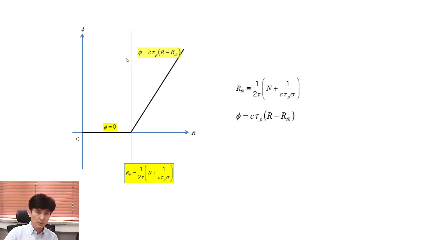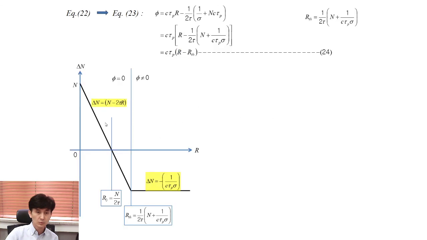The starting point where phi becomes non-zero is the threshold pumping rate. It is a constant for a given cavity, and this number, the threshold pumping rate, is an important characteristic of a cavity defined by tau p.